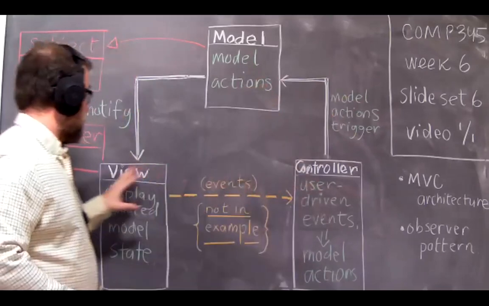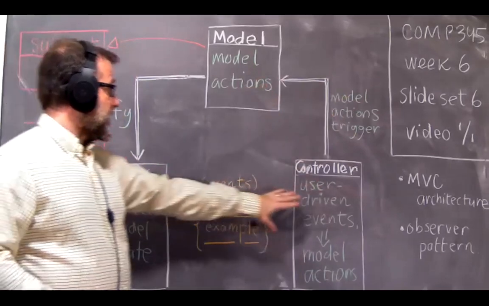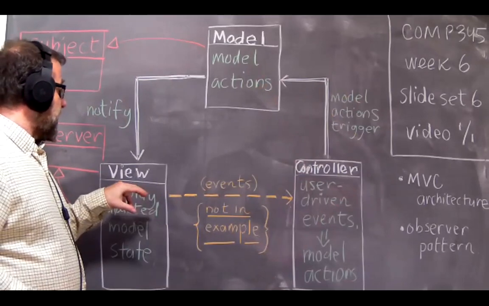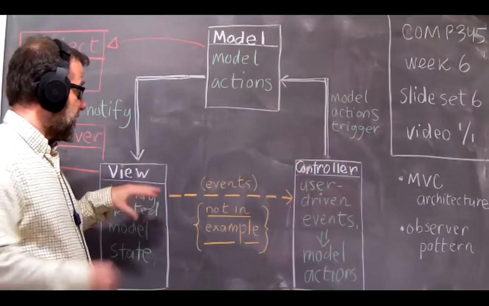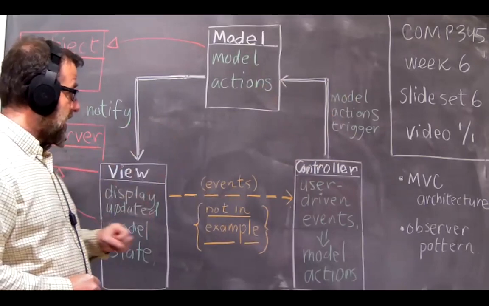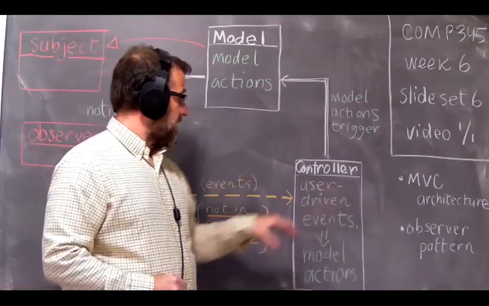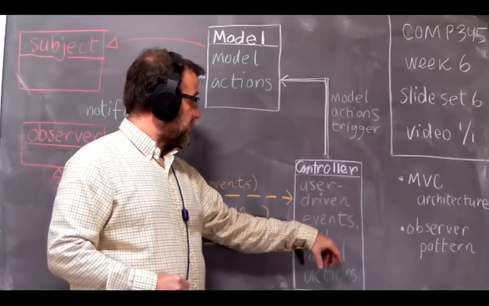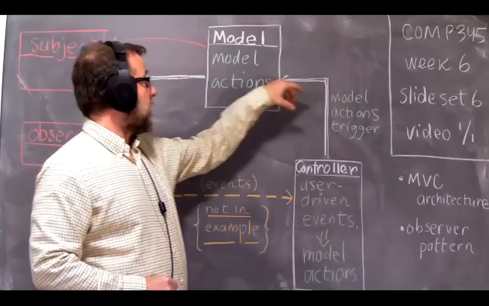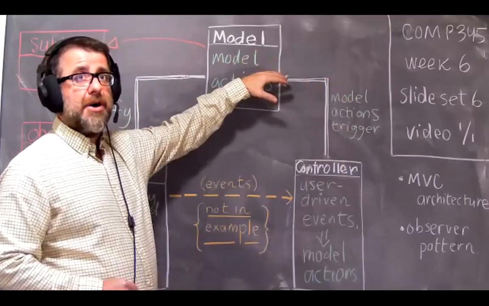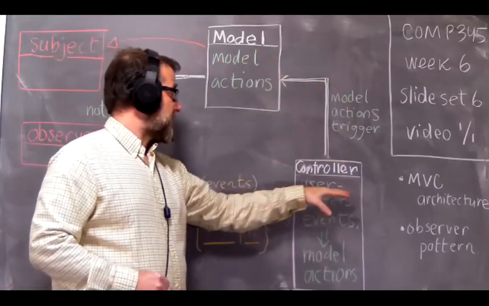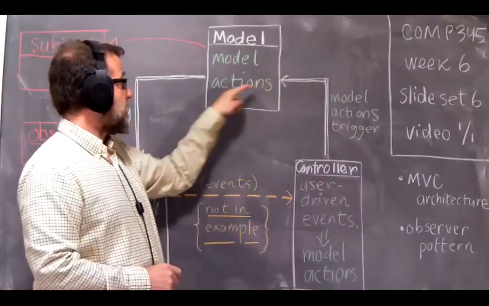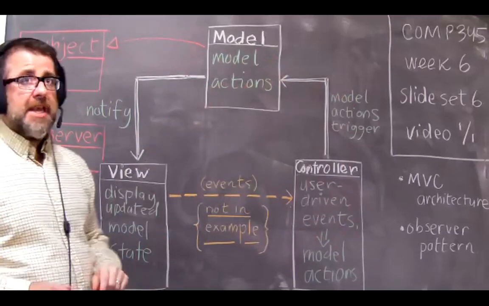So maybe there was a map, and then the user, for example, clicks attack on the user screen, and then this is trapped by the controller, which is then calling a certain method, for example, attack in the model. So basically the controller translates events into actions in the model.